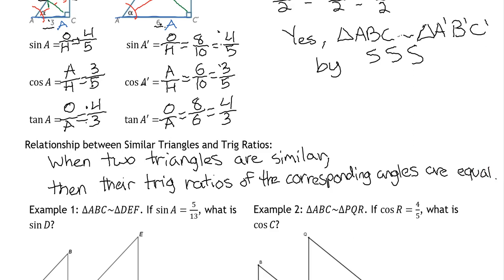Okay, so when two triangles are similar, then their trig ratios of their corresponding angles are equal.